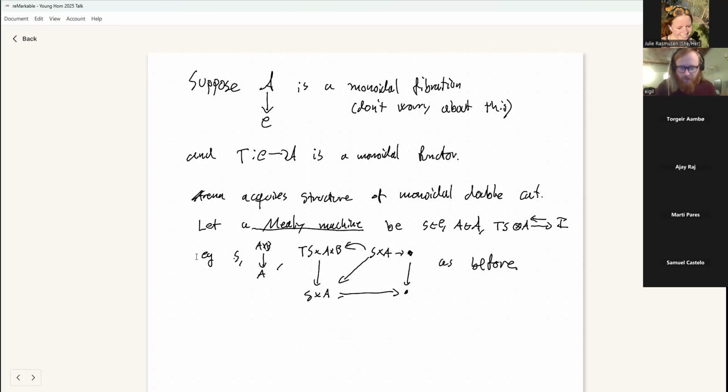So for example, in the case of smooth bundles, you have some bundle like A times B over A times S over TS over S, looking like this. The map to the unit is trivial, and the pullback is just the bundle of points, and then this map is just the thing we discussed before.